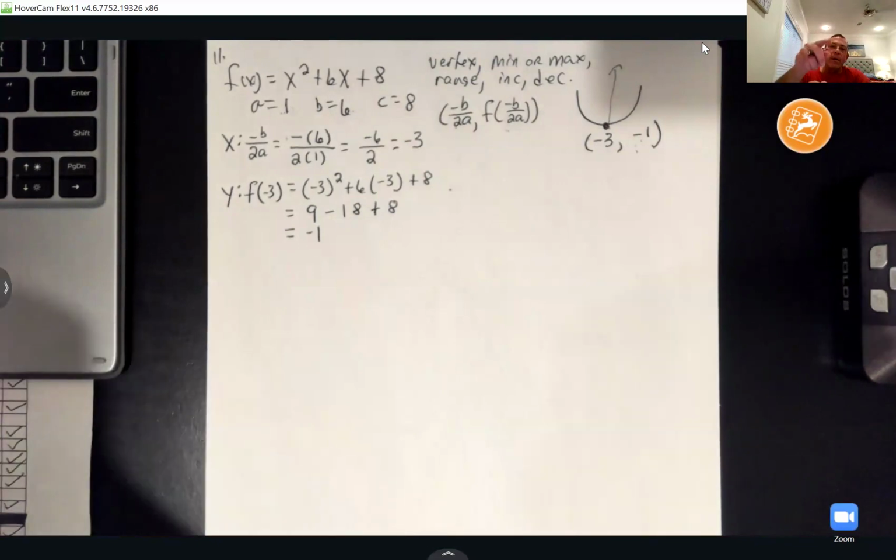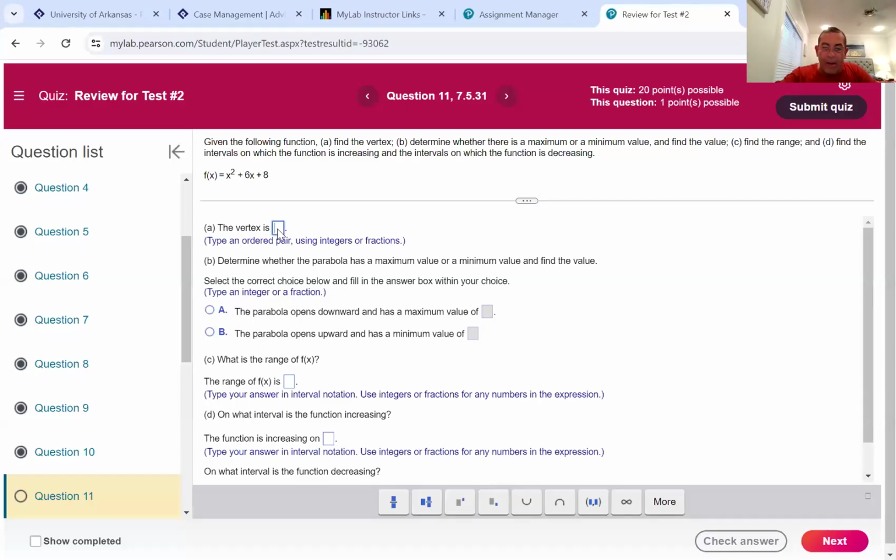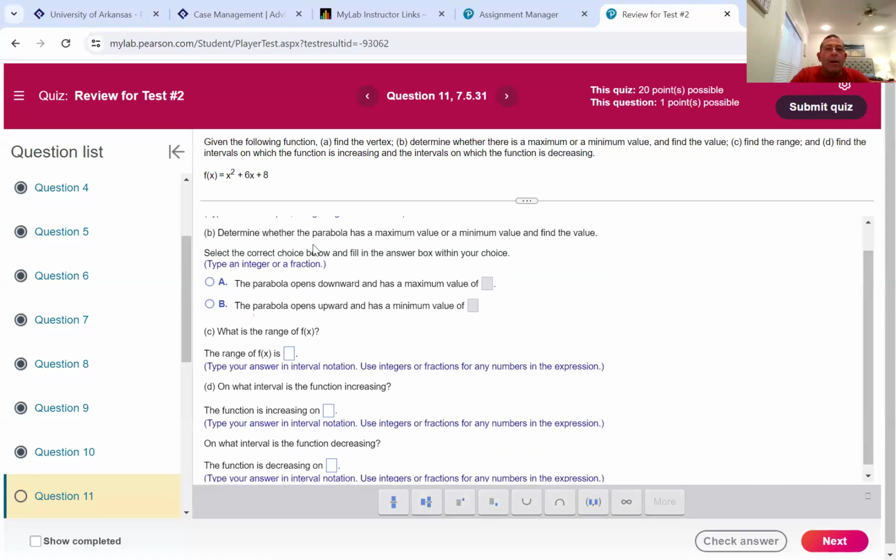So let's go and plug this stuff in. For the vertex, ordered pair, remember, parentheses, that was -3, comma, -1. Now, if I go down here, they want to know, determine whether it's a maximum or minimum.